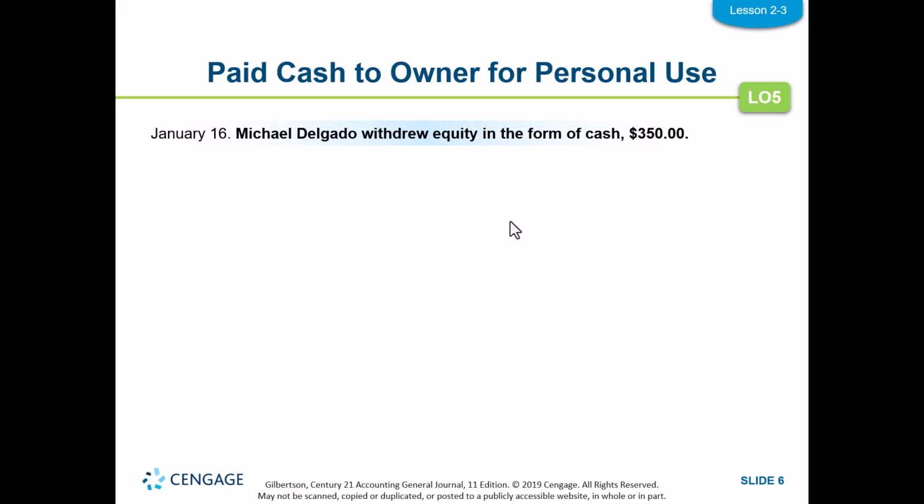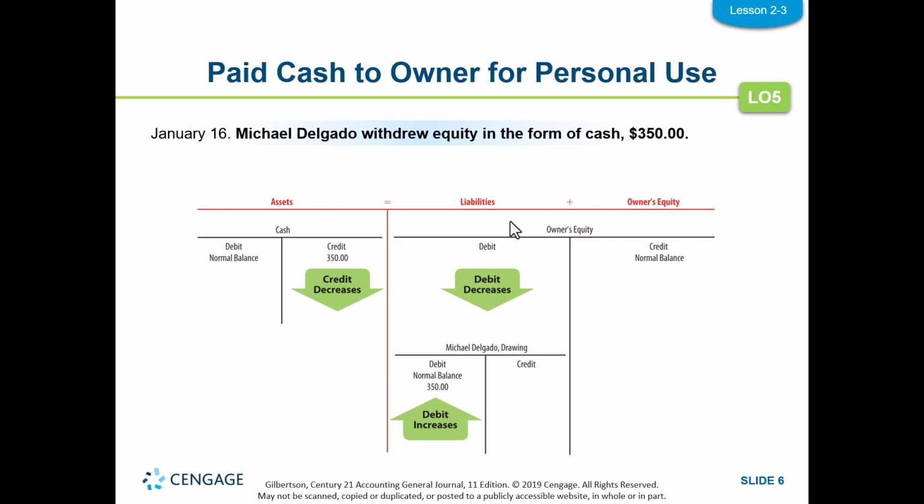Michael Delgado withdrew equity in the form of cash, $350. So what are we debiting and what are we crediting? We're going to credit our cash, and we're going to be debiting, I think they're going to introduce Michael Delgado's drawing account here. Yes, they are.